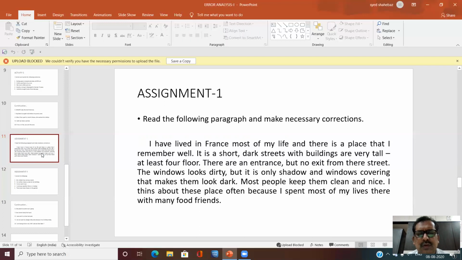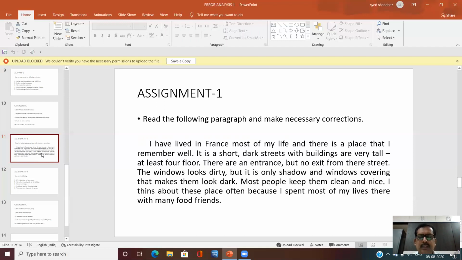The windows looks dirty, but it is only shadow and windows covering that makes them look dark. Most people keep them clean and nice. I think about this place often because I spent most of my lives there with my many good friends.